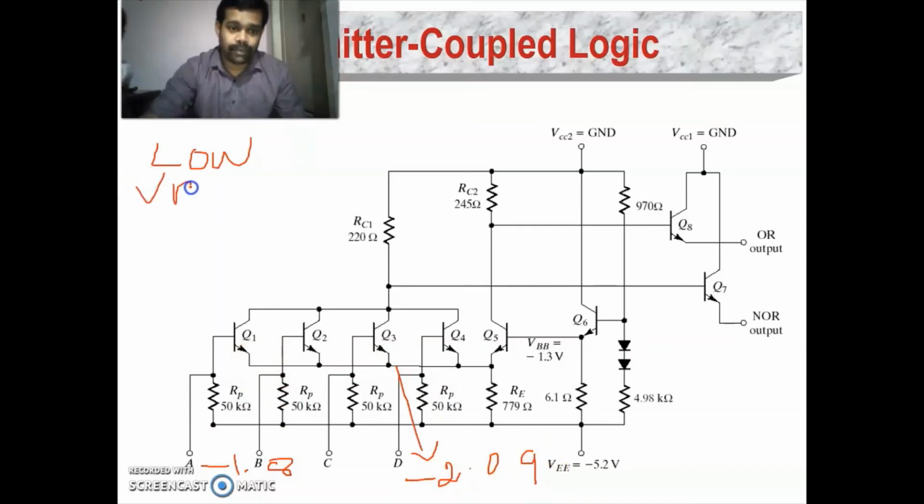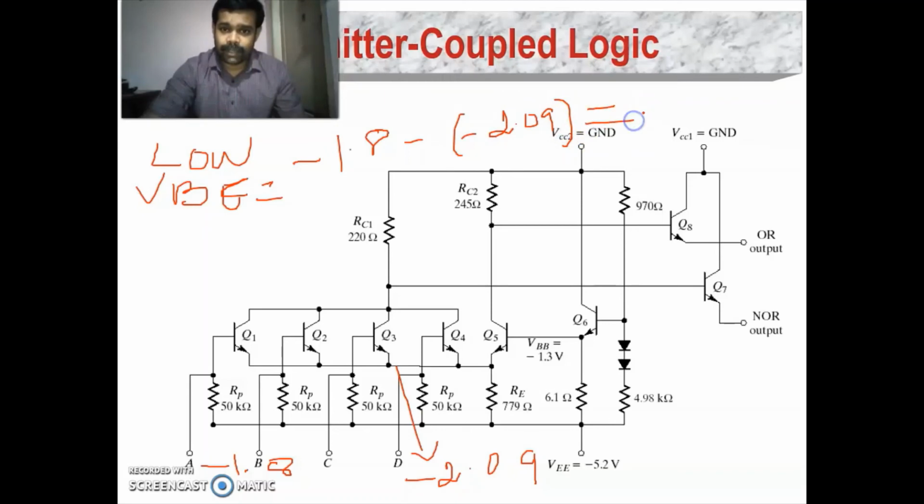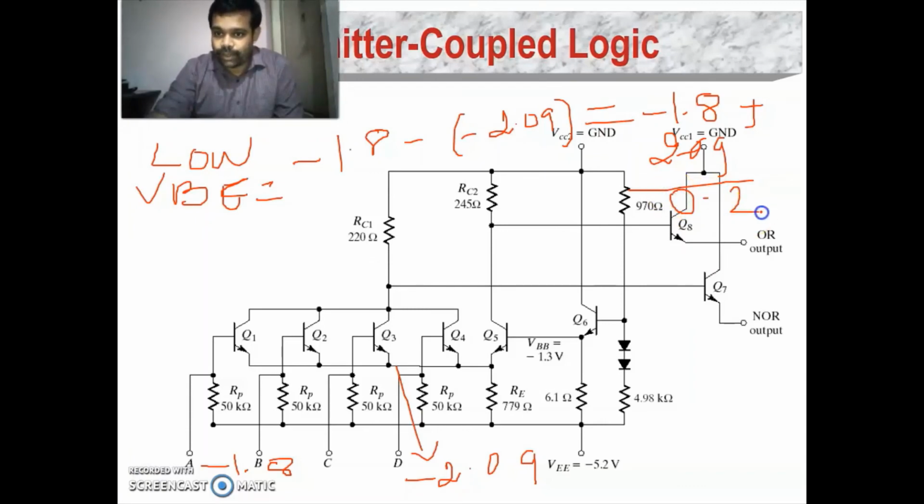Now we have to calculate VBE. It is minus 1.8 plus 2.09, which gives 0.29, approximately equal to 0.3. So the base emitter voltage you are getting is 0.3.